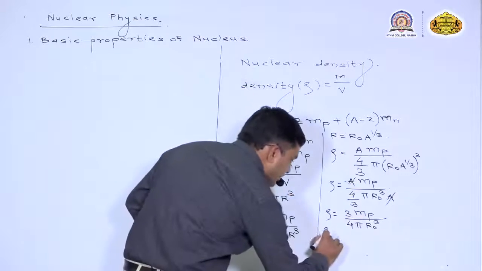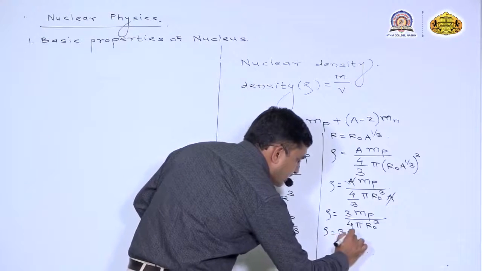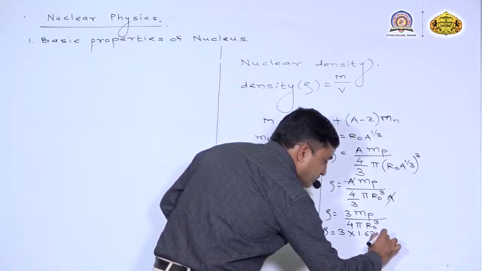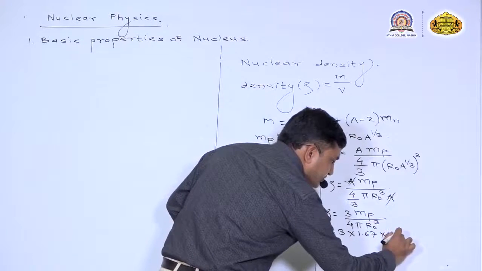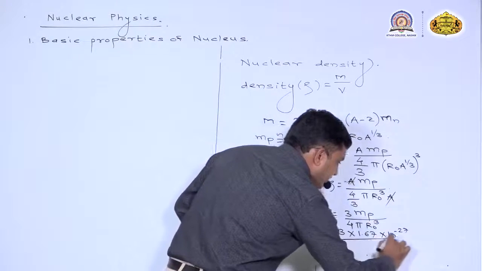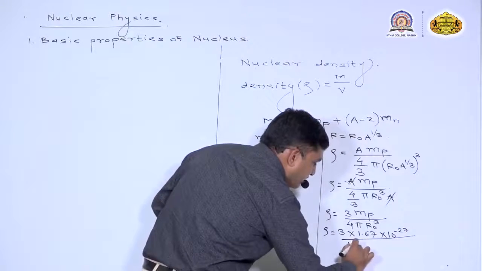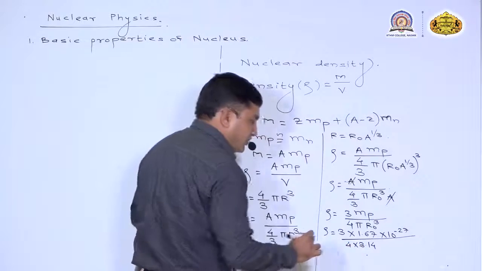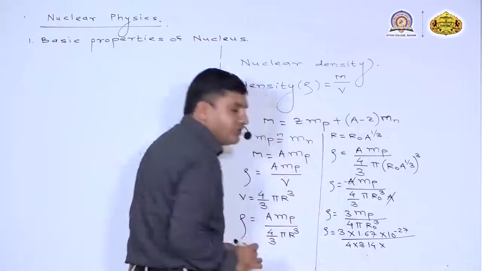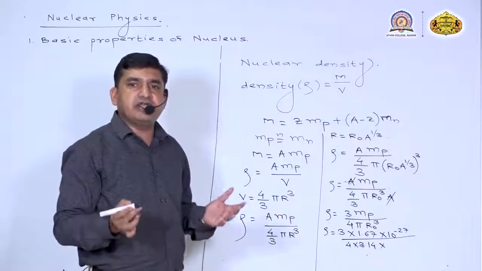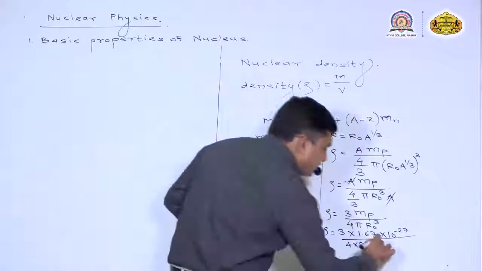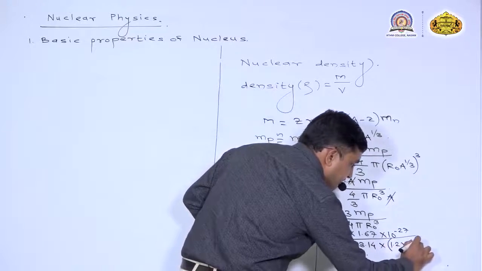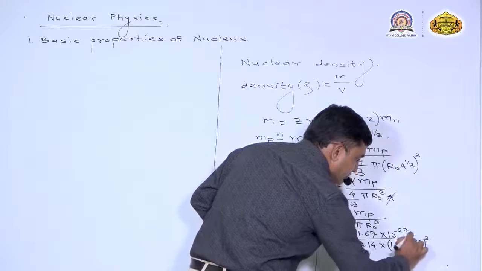So rho is equal to 3 into 1.67 into 10 raised to minus 27 divided by 4 into 3.14, and the value of R0 is 1.2 into 10 raised to minus 15, so 1.2 into 10 raised to minus 15 its cube.